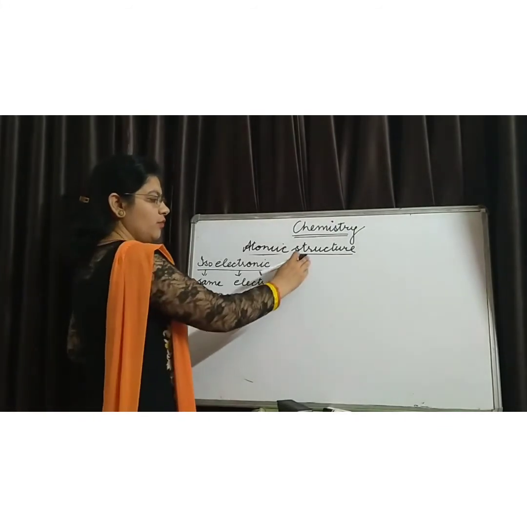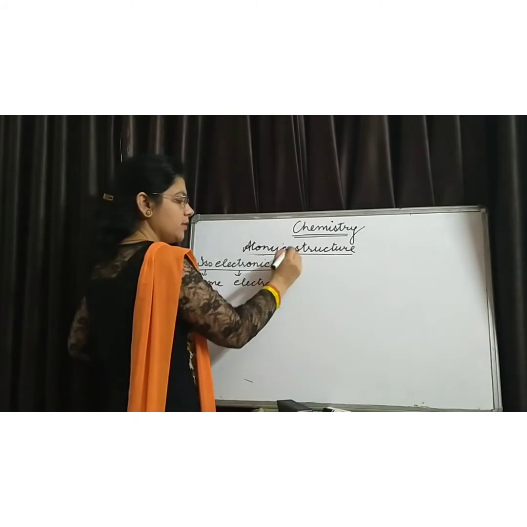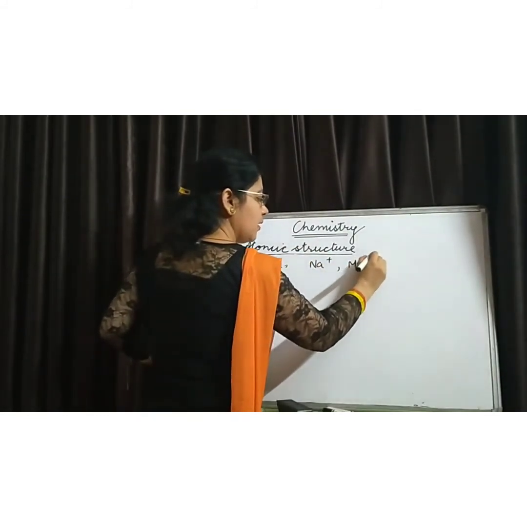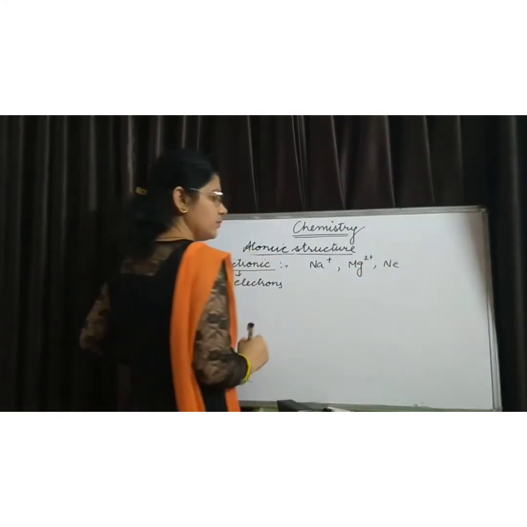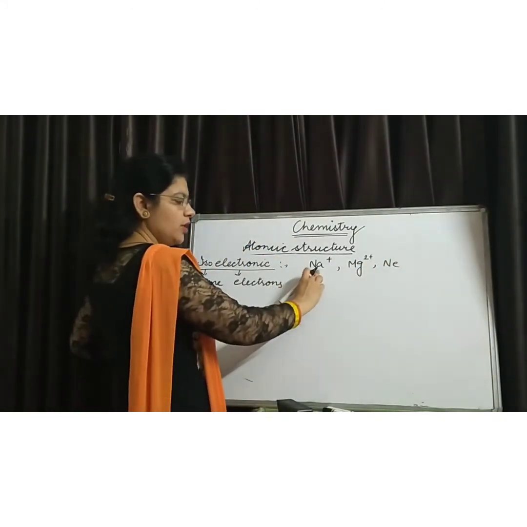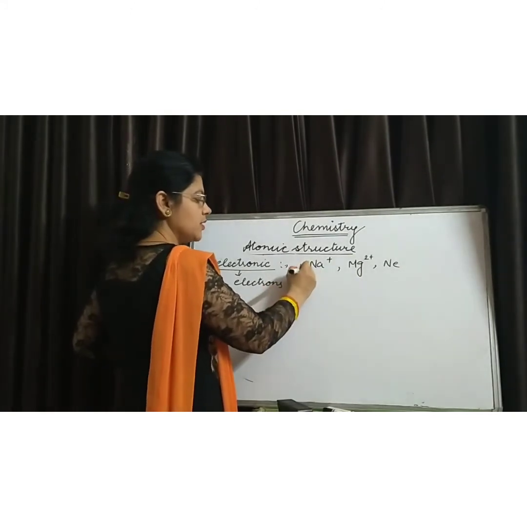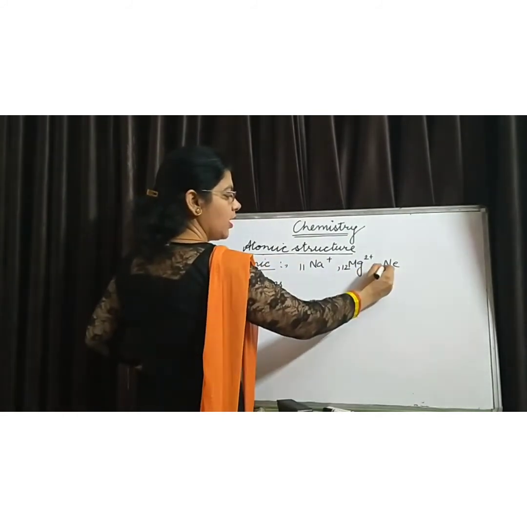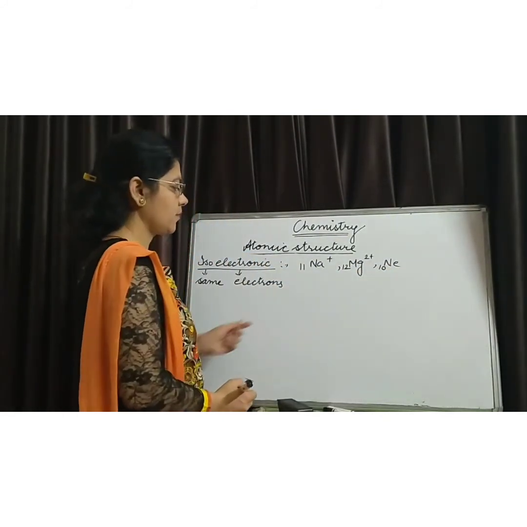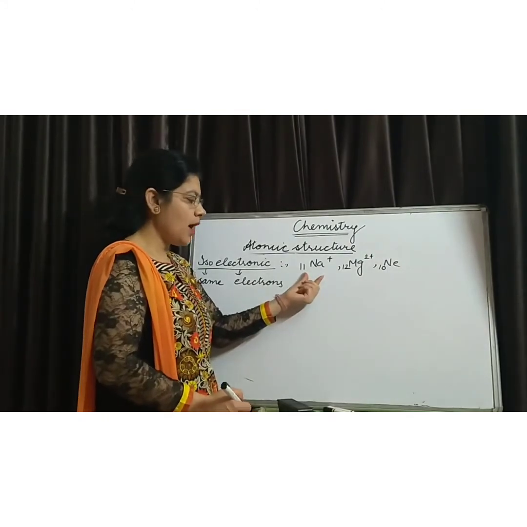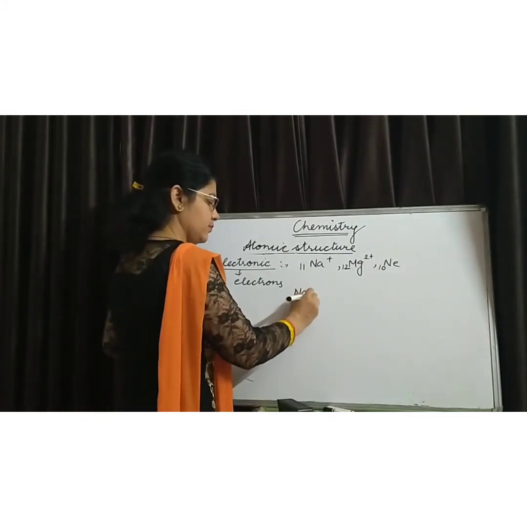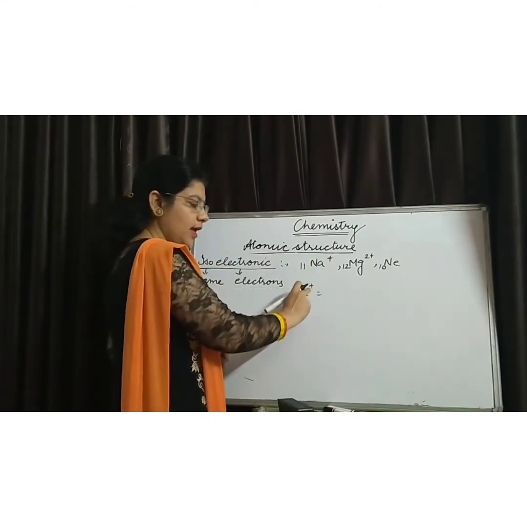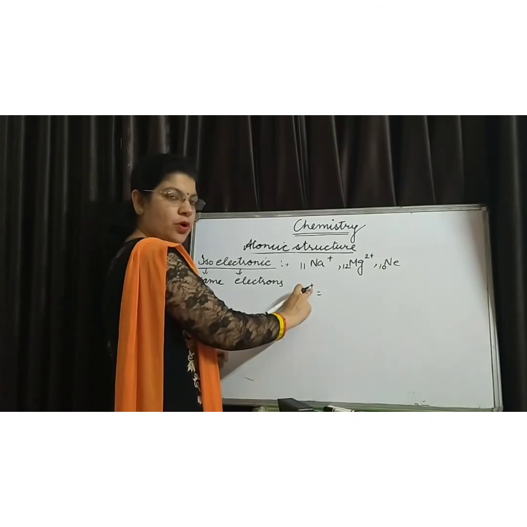For example, take the example of sodium ion, magnesium ion and neon. For sodium ion, its atomic number is 11, magnesium's atomic number is 12, and neon's atomic number is 10. In the case of the sodium ion, its atomic number is 11 and it acquires 1 unit positive charge.